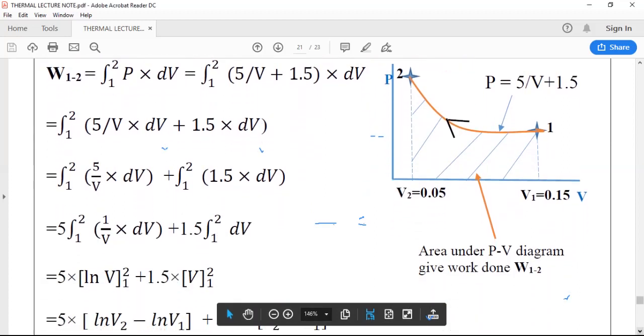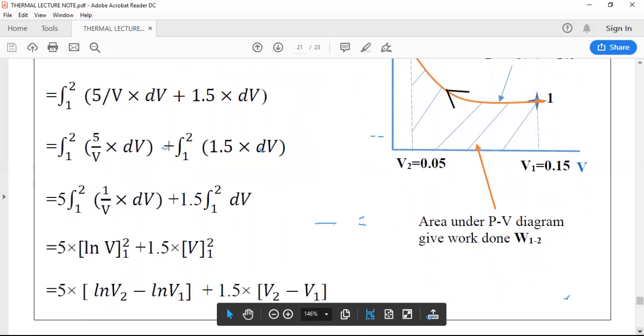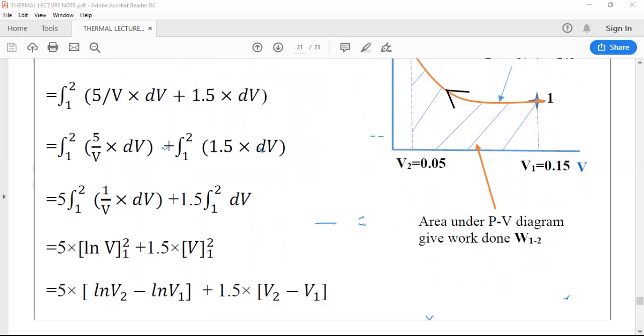Integration of 5/V dV from 1 to 2, plus integration of 1.5 dV. Here 5 is a constant, so it comes outside, leaving the integration of 1/V dV, and 1.5 is a constant, so it also comes outside the integration of dV.